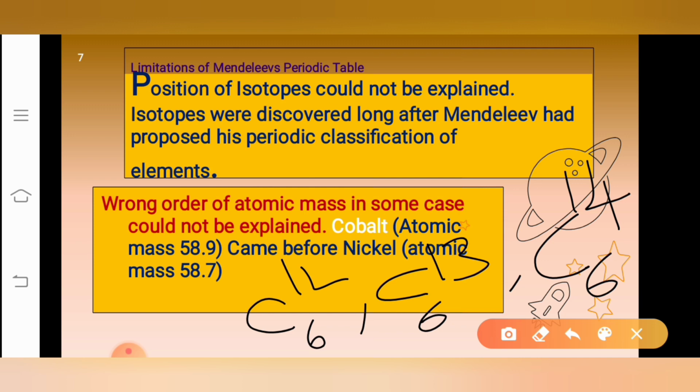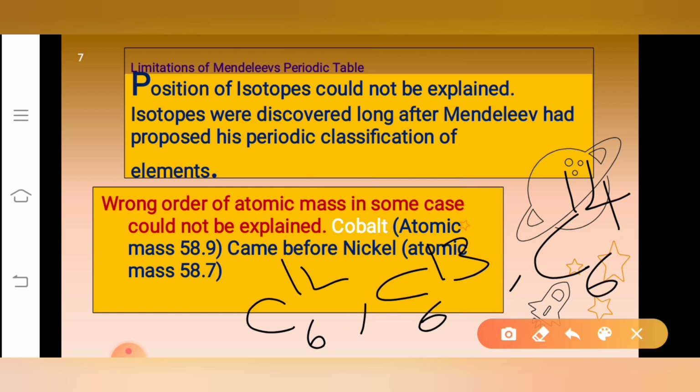No, right? Because the isotopes of an element have the same atomic number but different atomic mass. And depending on the mass, Mendeleev was arranging the elements in the table, not on the basis of atomic number, because the atomic number was not discovered at all during that time. So C-12, C-13, C-14, all these are isotopes of carbon.